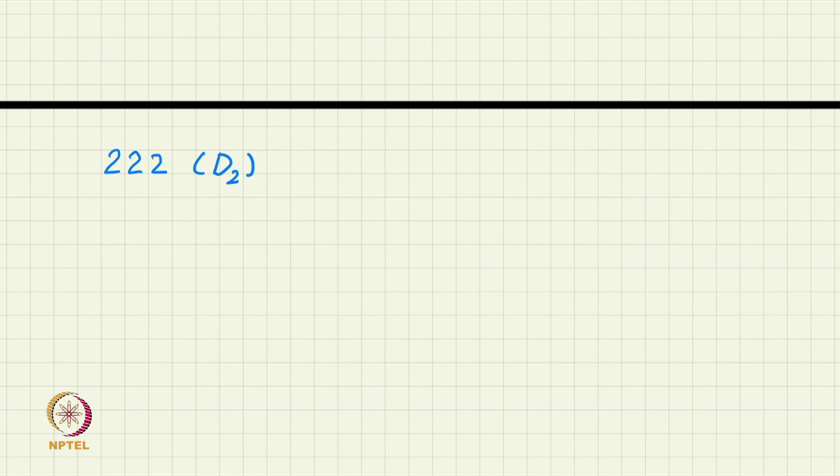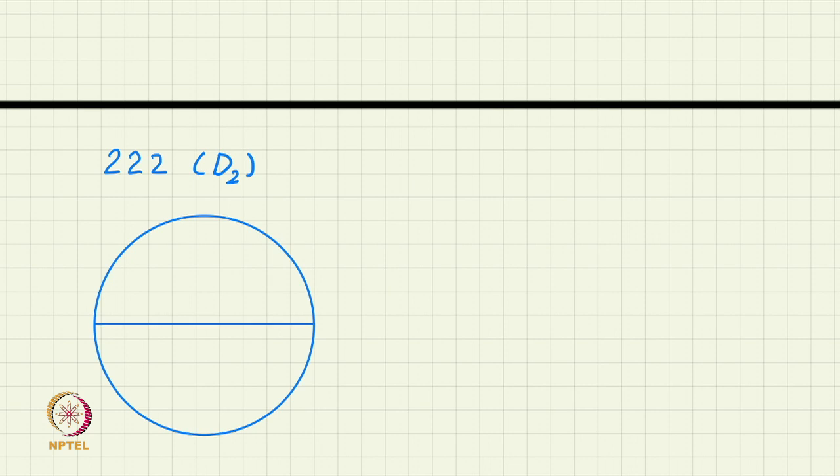So, as per our procedure which we have set up, we will first look at the stereogram and then look at the various operations in the group. So, I start with a primitive circle with 2 reference lines and I take a 2-fold axis which I am placing in the center of the primitive, meaning the 2-fold axis is vertical.